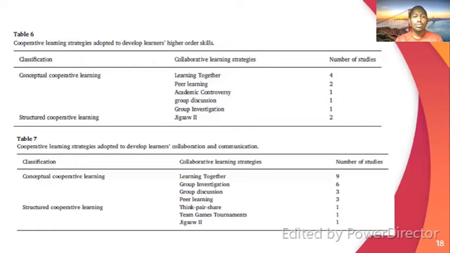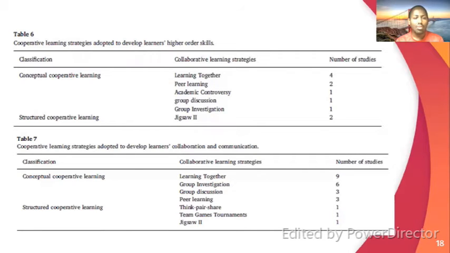When we come to higher order skill, again, the dominant one is conceptual cooperative learning. Cooperative learning strategies used for conceptual cooperative learning are learning together, peer learning, academic controversy, group discussion, and group investigation. Only the jigsaw method is used as a structural cooperative learning to improve students' higher order skill.